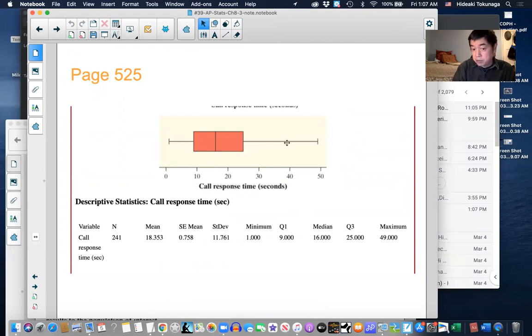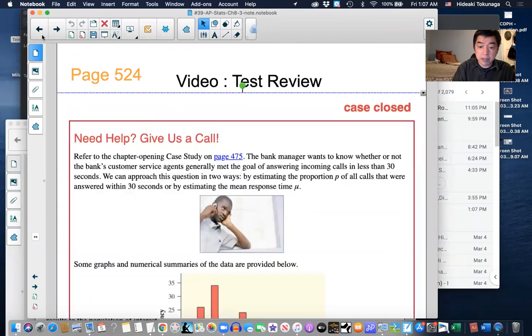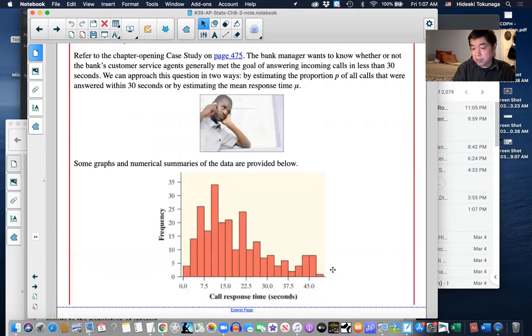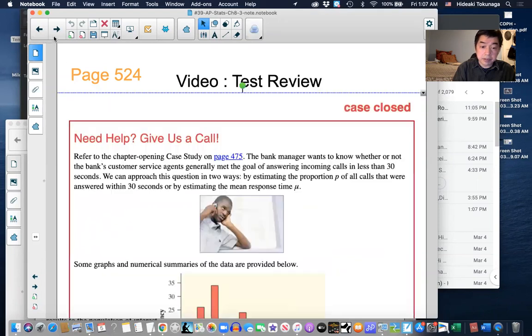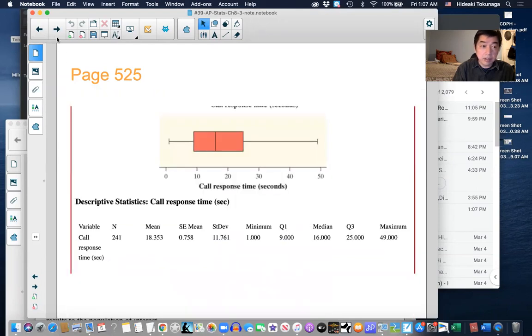It's a little bit skewed right. Maybe you can take a look at this, a little bit skewed right. So that was, maybe if you remember SOCS, right?